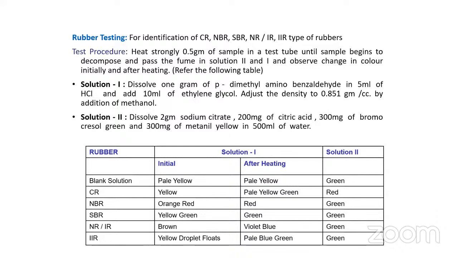This is your solution 2. And 0.5 gram is your rubber. For solution one, to pass the gas in solution one, we need 0.5 grams, and for solution two, another 0.5 grams.